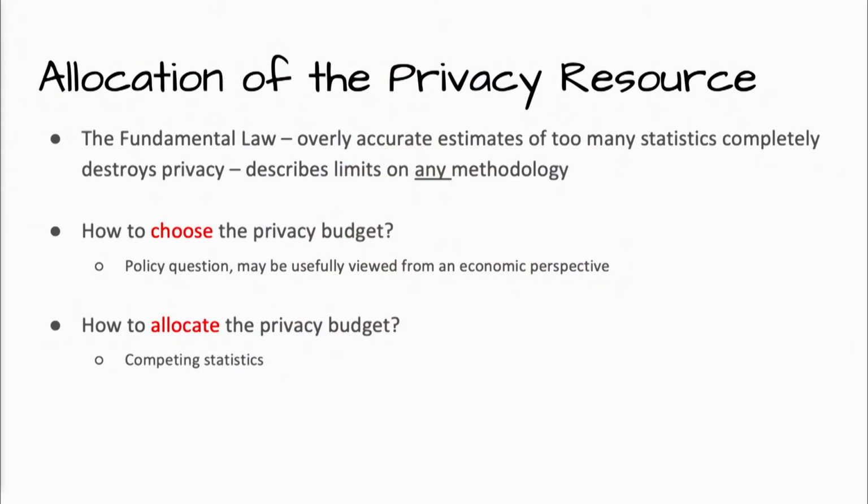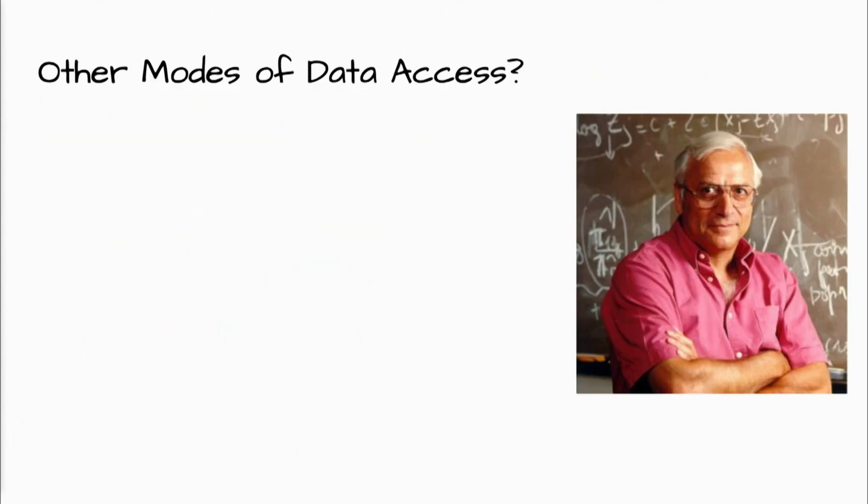There are a number of questions that come up. How do you choose the privacy budget? And how do you allocate the privacy budget among competing statistics, statisticians, analysts, and so on? And in the last few seconds, the late Steve Fienberg really impressed on me that statisticians, or people who are used to analyzing data, aren't used to working through a privacy-preserving interface.